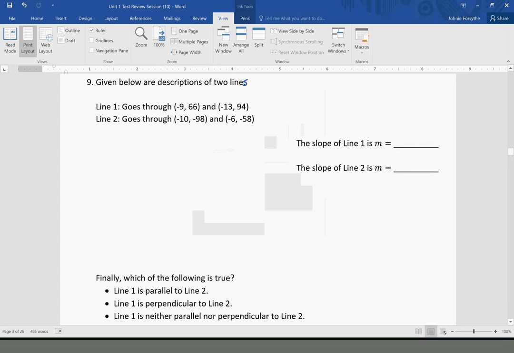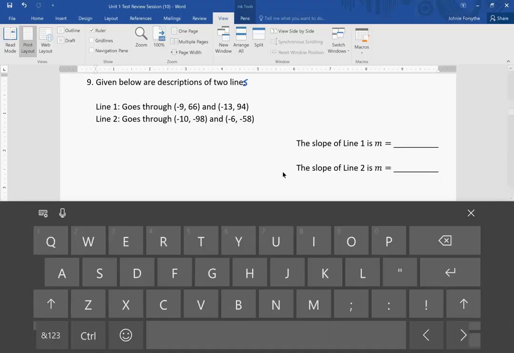That's better. Okay, so line 1 goes through negative 9, 66 and negative 13, 94, and line 2 goes through negative 98 and negative 6, negative 58. And so we want to find the slope of each line.